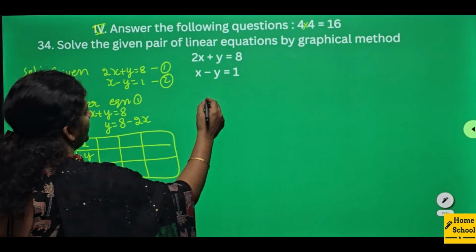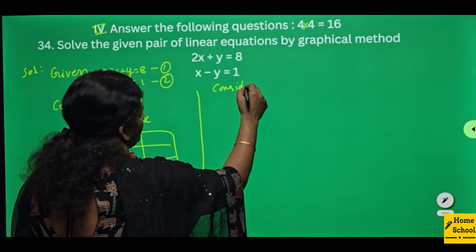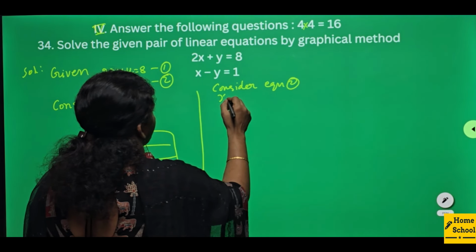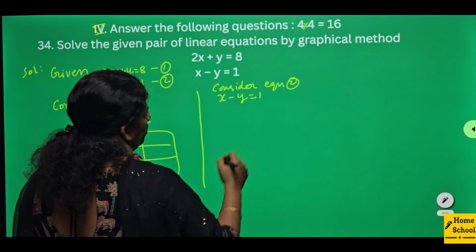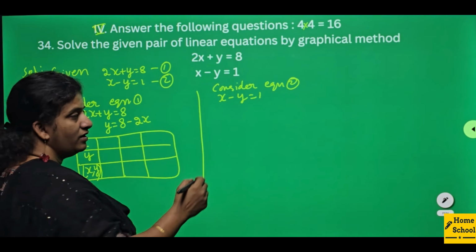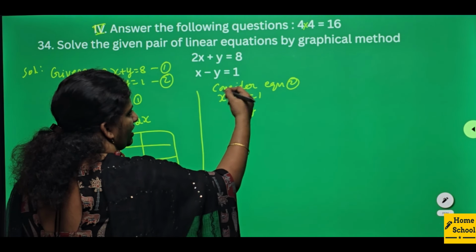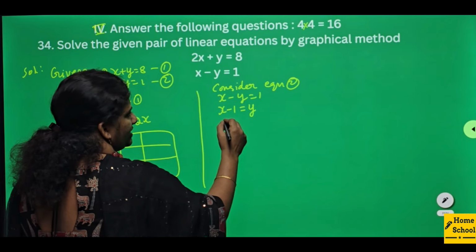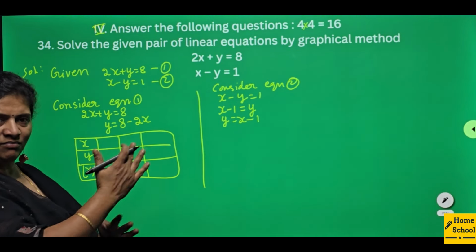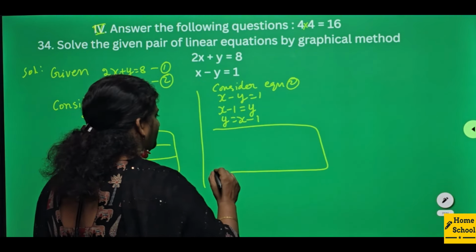And now take another equation this side. Consider equation 2, x minus y is equal to 1. This one also we need to write in the form of y. But here y is negative. So y only send to the other side and bring 1 to this side. x minus 1. That is y is equal to x minus 1. Both we interchange at a time. Now take the table.